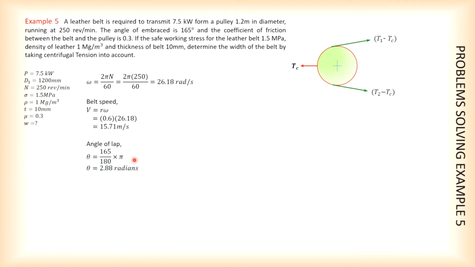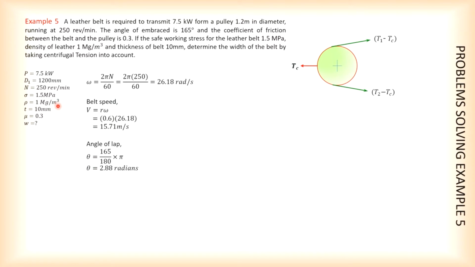And the next is the angle of lap. They have given us the angle of lap as 165 degrees, which refers to this angle here. From this point here where the belt is about to leave the pulley, and also at this point here, this projected angle is called the angle of lap, or the angle of wrap, given by theta.